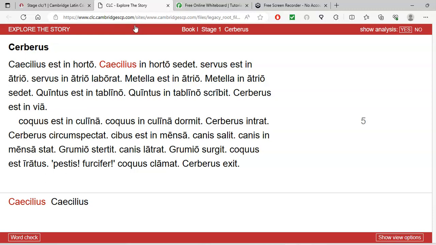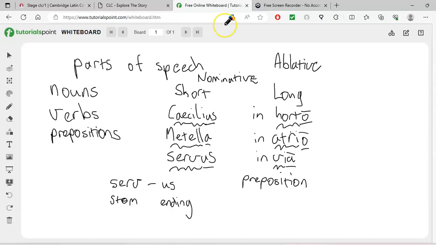But the word order isn't always fixed. Here we have the verb est, sometimes it comes in the middle. Servus est in atrio. It doesn't have to be at the end. You can often see it at the end, but here it's in the middle. So for the words that are not est, they're often coming at the end, though this doesn't always have to be the case. So we'll make a note that the word order is often looser.